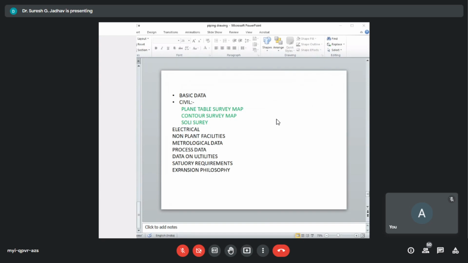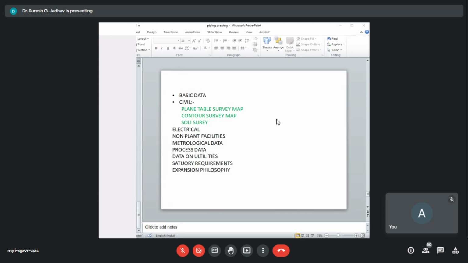In non-plant facilities, necessary data is required to be collected to arrive at the block size of the different utilities. Before the work is started on the development of the plot plan, the user department should be consulted to arrive at the requirement, and the allocation should also be proportionate to the available plot area and effective process area.